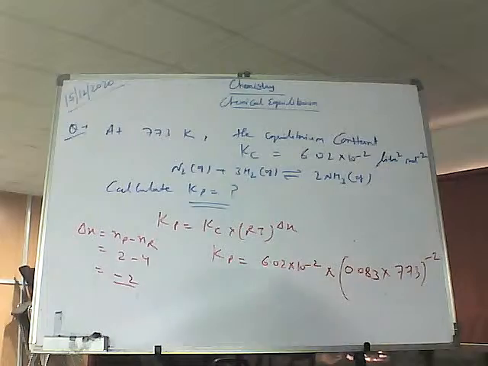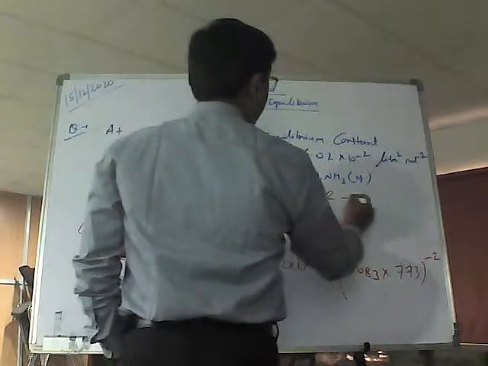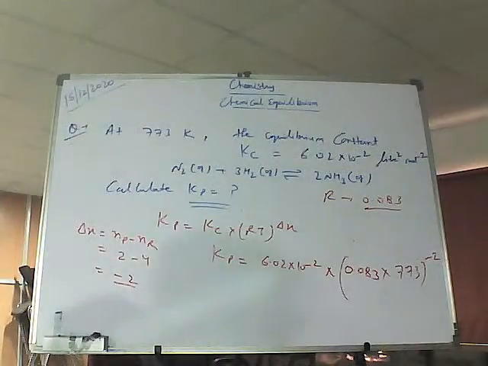Value of R is very much important over here. So the value of R will be 0.0821, or approximately 0.083, we can keep that. The value of R will be 0.083 because it is given in liter moles. So that is the value of R.